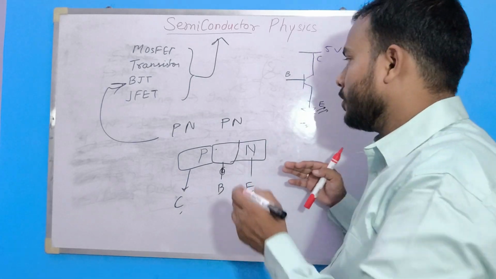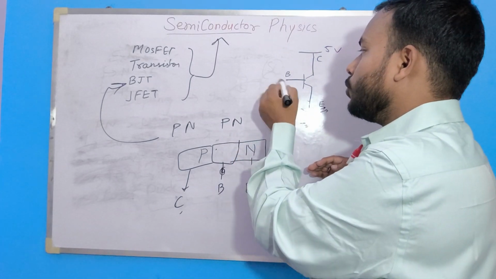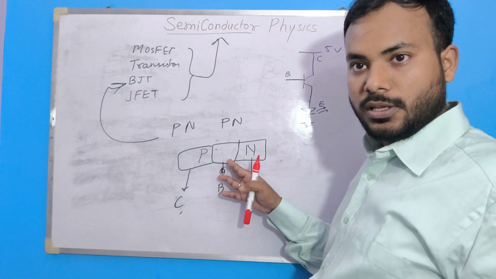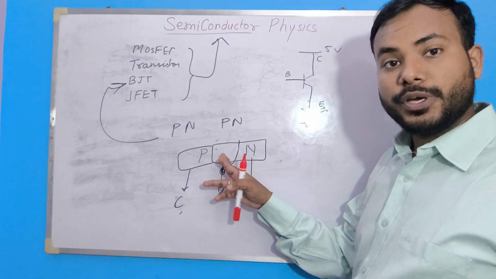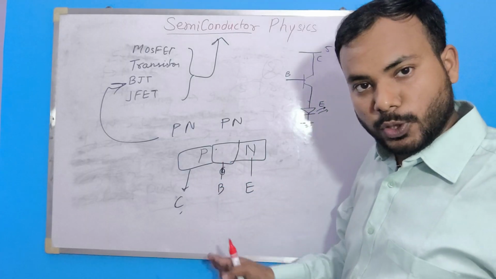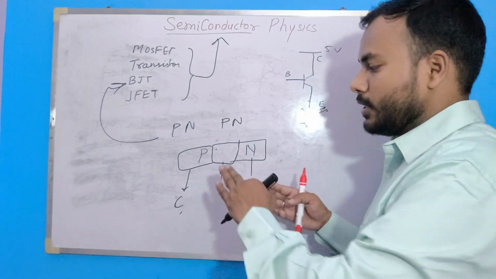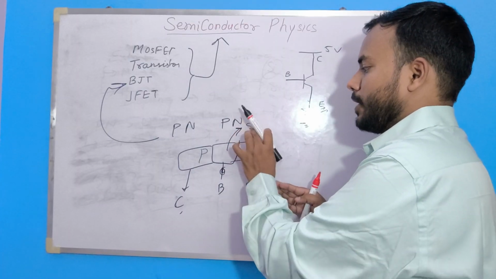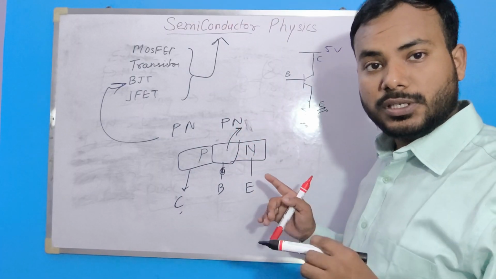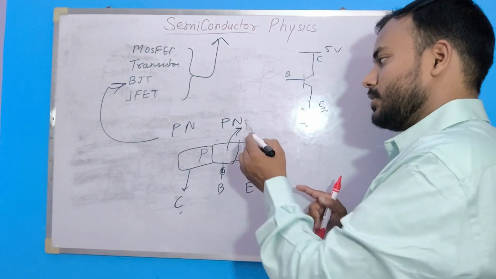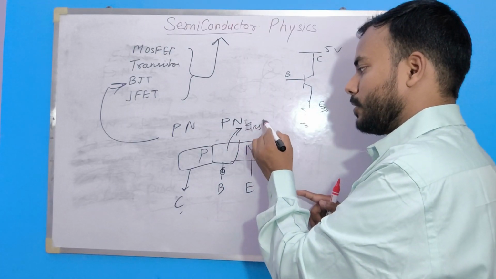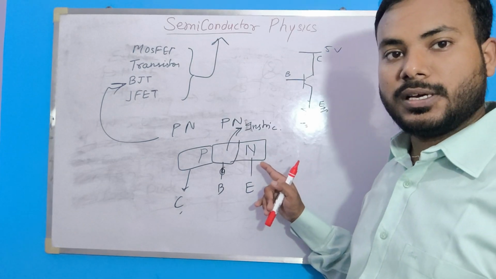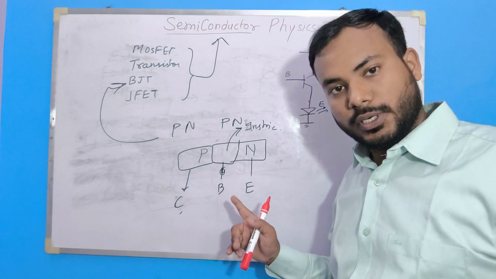Let's see how. If we don't apply any voltage, then there are no charges, there is no gate voltage, there is no base voltage. If there is no base voltage, then it will act as an intrinsic semiconductor. We have already learned what is extrinsic and intrinsic. This will be the intrinsic semiconductor, and an intrinsic semiconductor always works like an insulator.